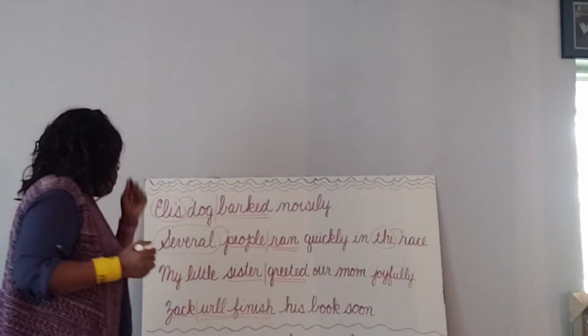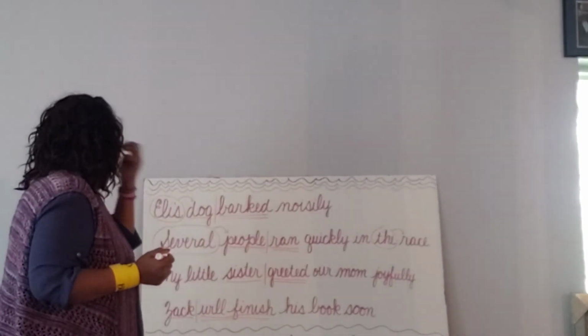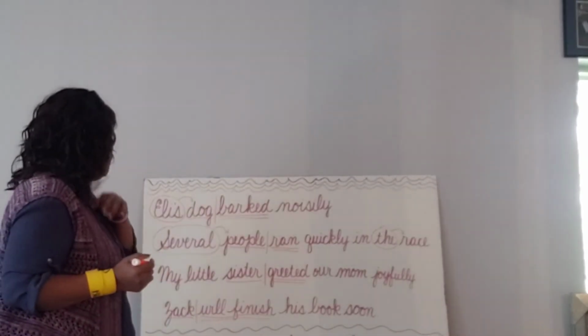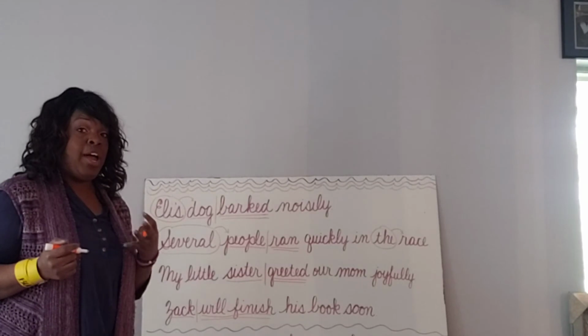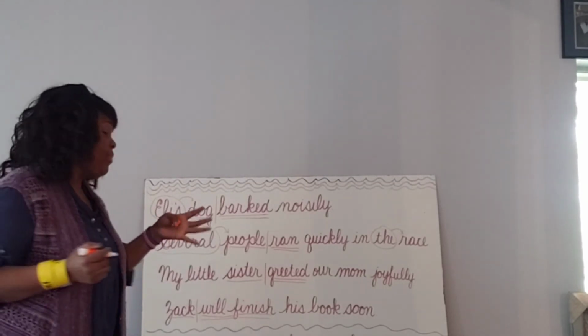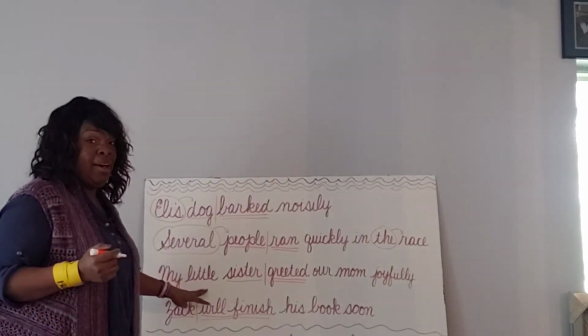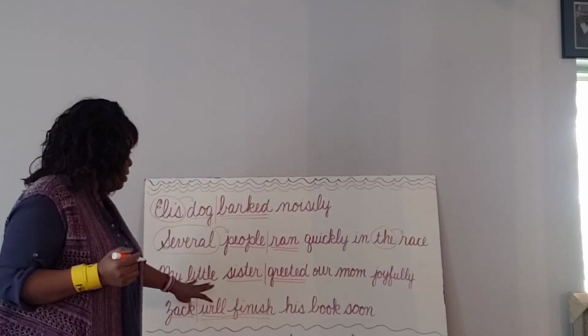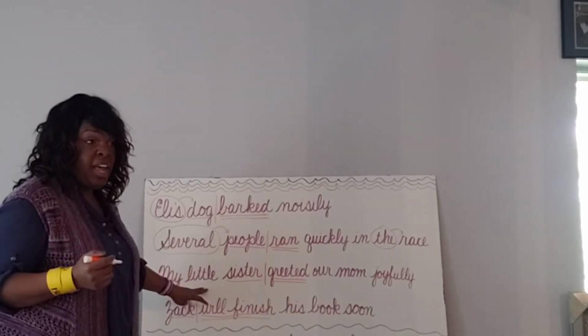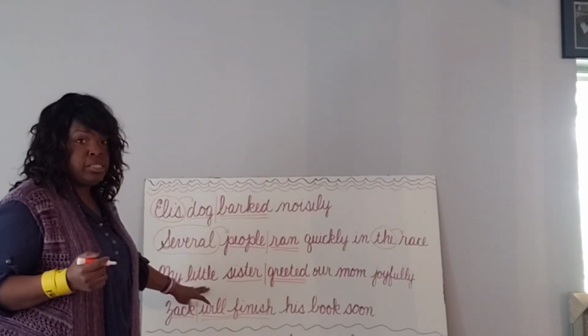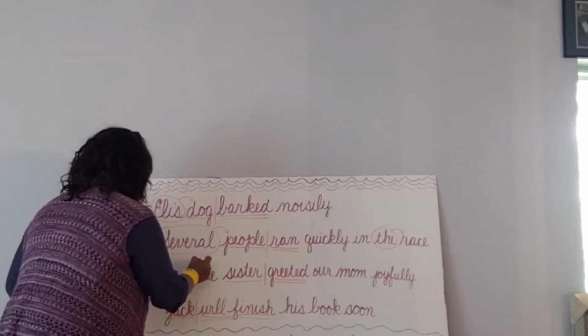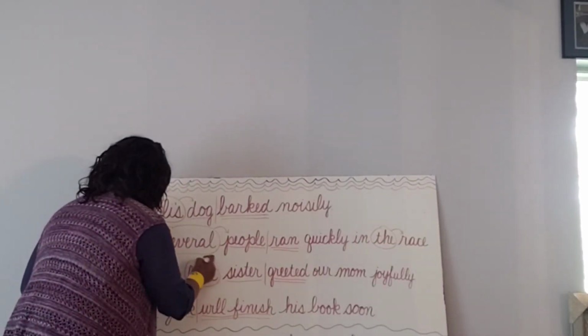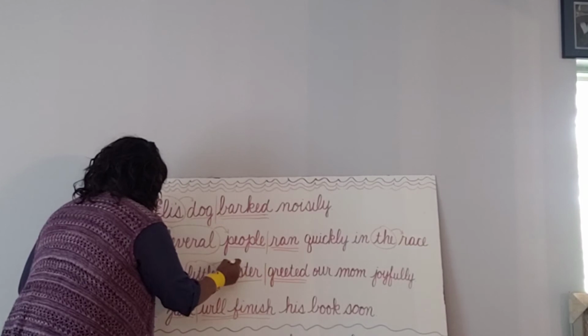Okay, so sister is our noun for our third sentence. Is there anything that's describing sister? Which one? Not big sister, not old sister, not cute sister, not ugly sister, but little, okay? Little is describing sister.